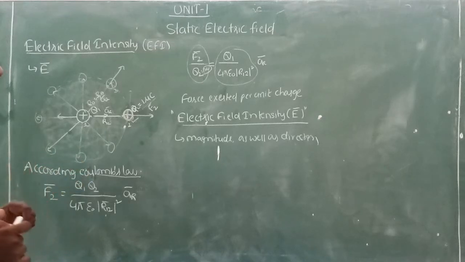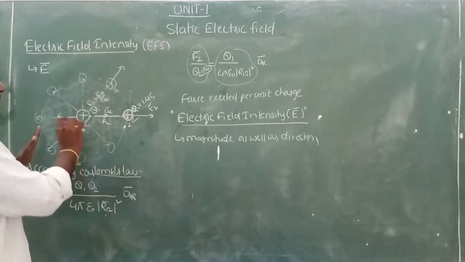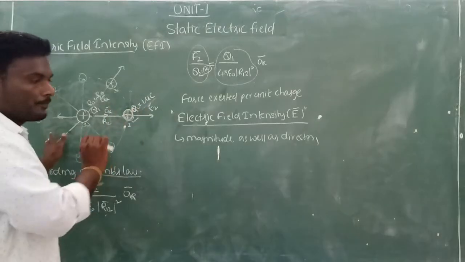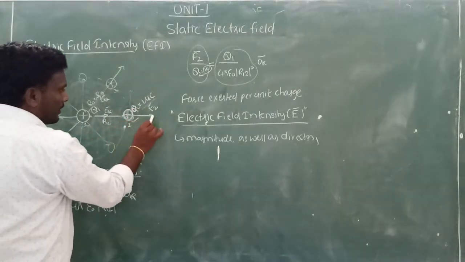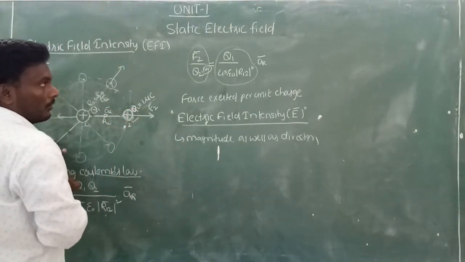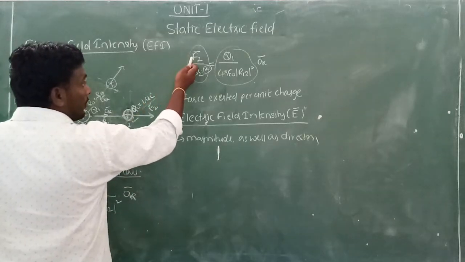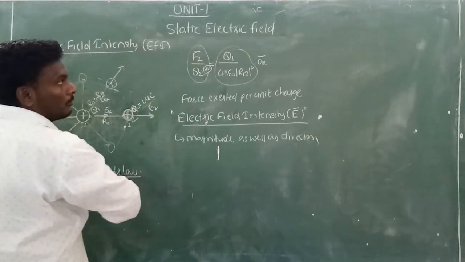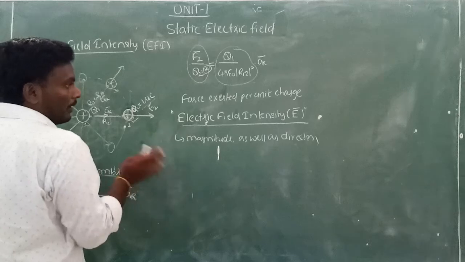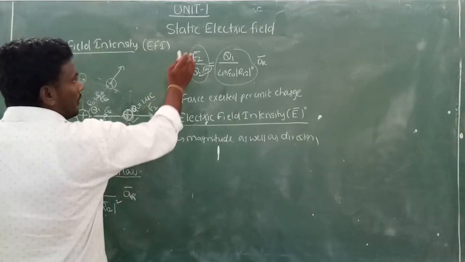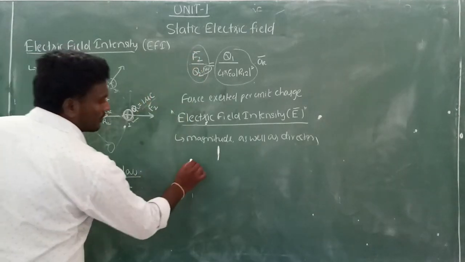And where is the direction? Direction of electric field intensity is in the direction of force only. See, my electric field intensity is in this direction only. Why? Because it is proportional to force. So I call electric field intensity the force exerted per unit charge.